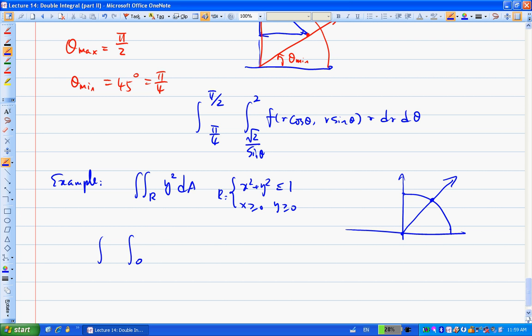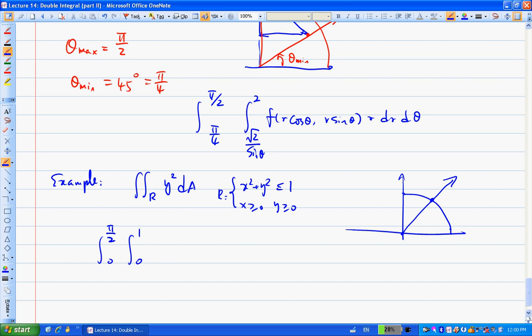And the second point is over here, so that's 1, right? So r goes from 0 to 1. And for theta, you sweep that line across the whole region R, and you always start from 0. In this particular case, the first theta is 0, the second theta is pi over 2.